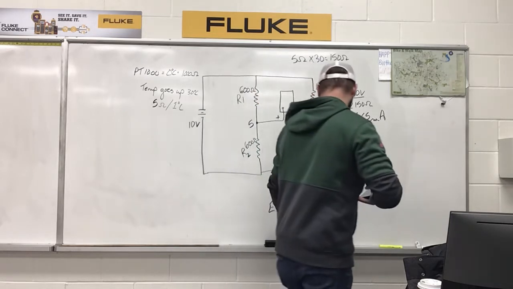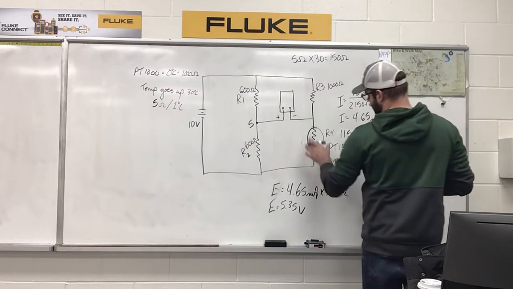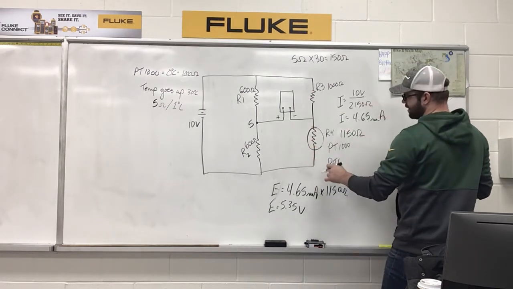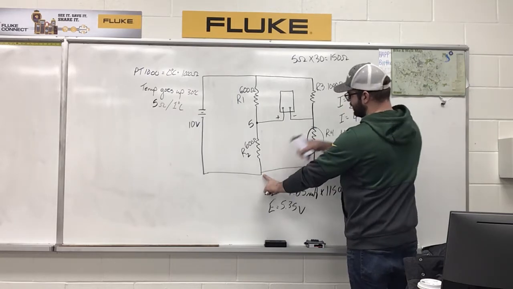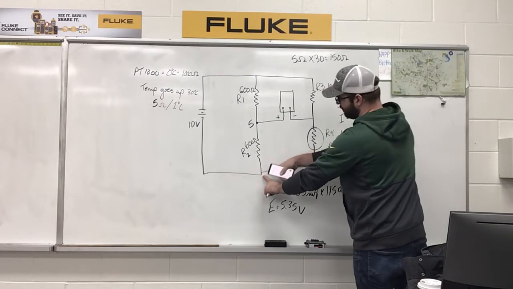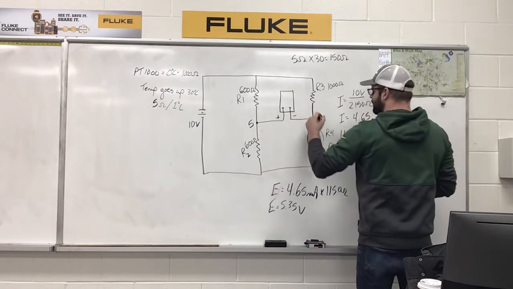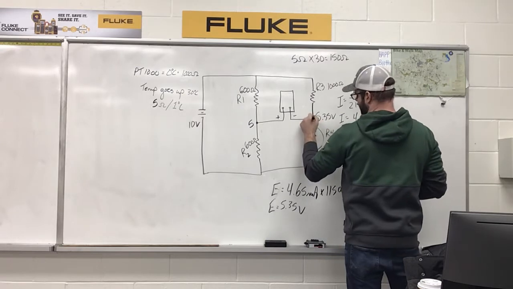So that is the voltage drop across my PT1000. If I were to take a meter and go from my negative to here, across that, it would be the 5.35. We've got 5 volts there. So we have 5.35 volts at this point.